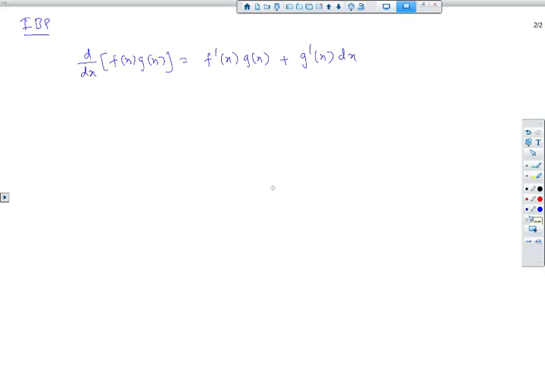So d by dx of the product f(x) g(x). What's the derivative of the product? It is f prime x g(x) plus g prime x f(x), right?